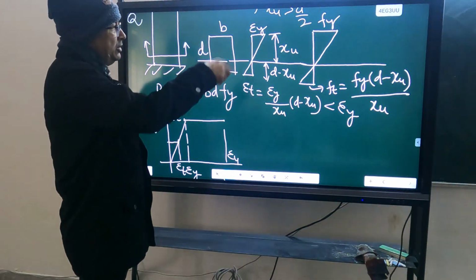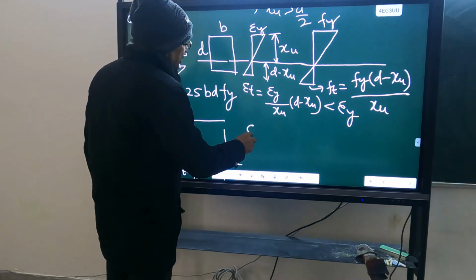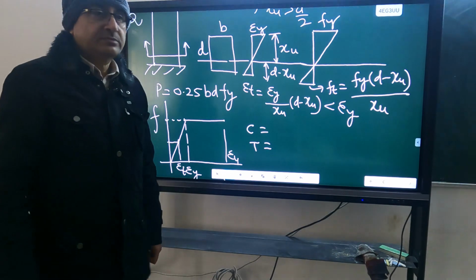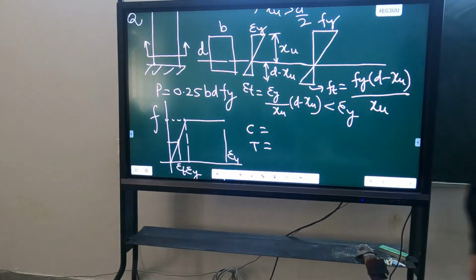Now, using this, can you calculate C? Now C will no more be equal to T. Can you calculate C?